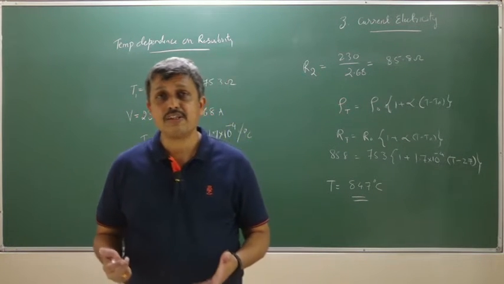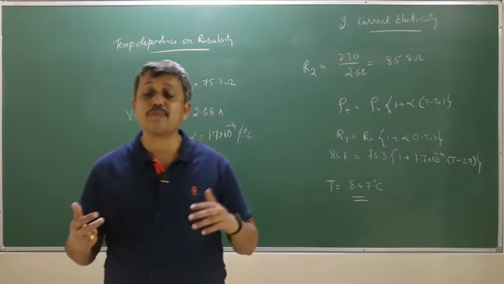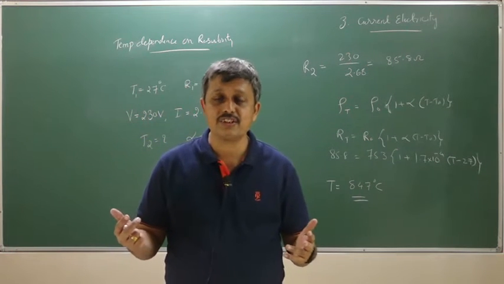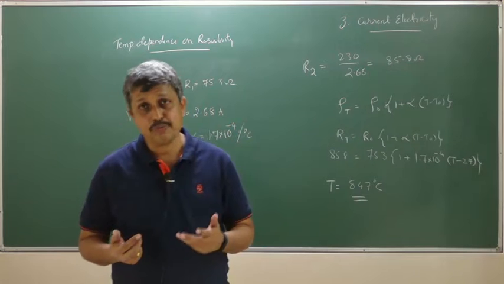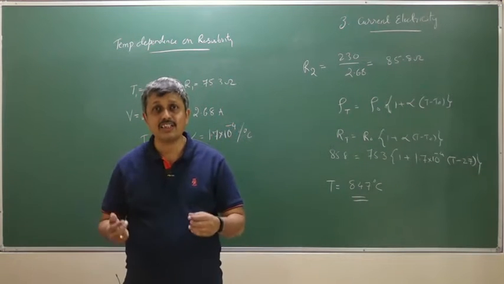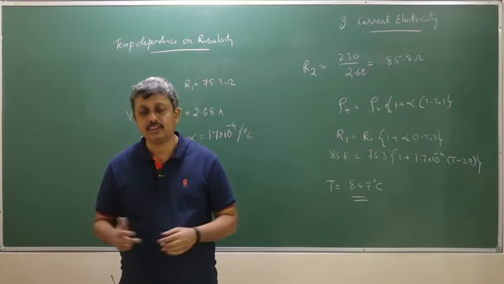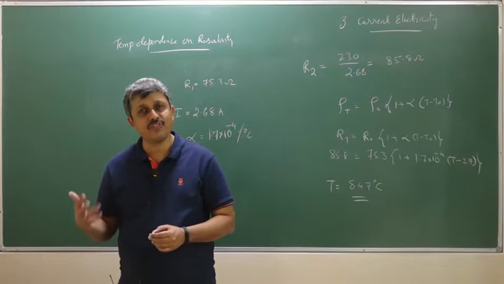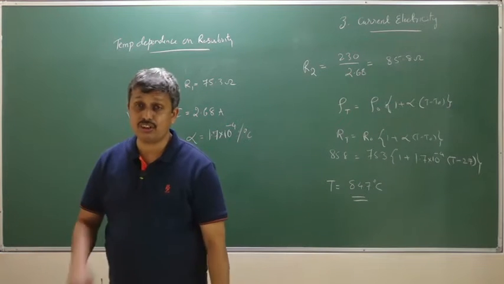So, there is something called a platinum resistance thermometer, which is used to measure temperature using the resistance of a platinum wire. So, temperature coefficient of resistance is used in these kinds of applications also.